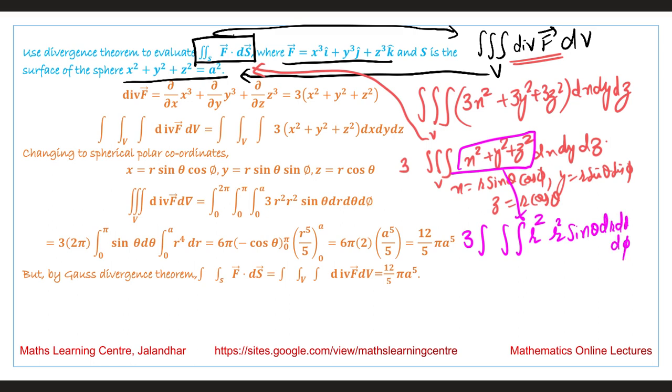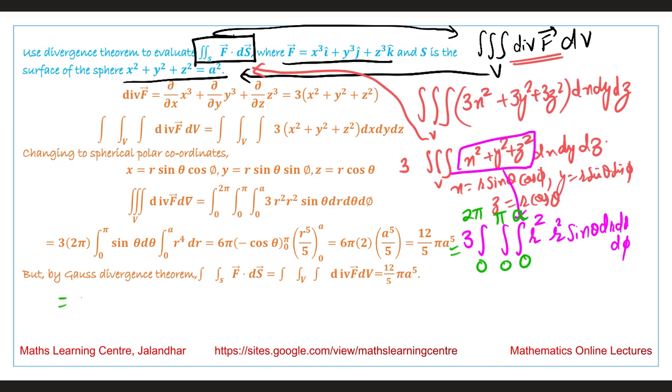Now the limits for r vary from 0 to a. The limits for theta vary from 0 to pi, and limits for phi vary from 0 to 2 pi. This we know from the spherical polar coordinates.